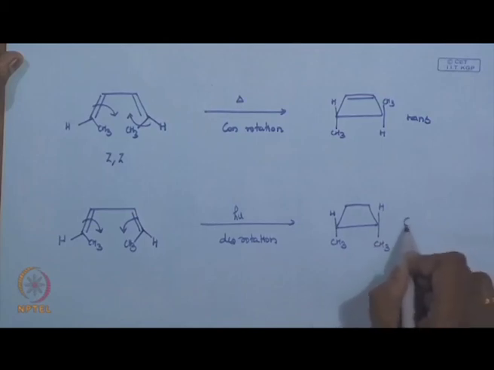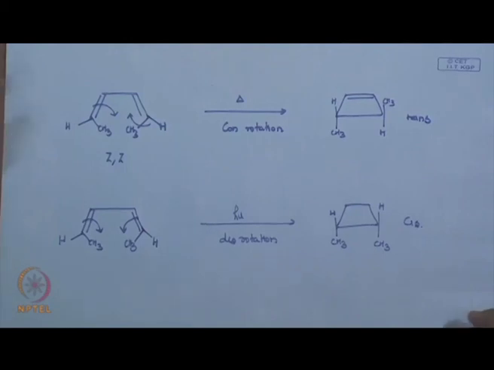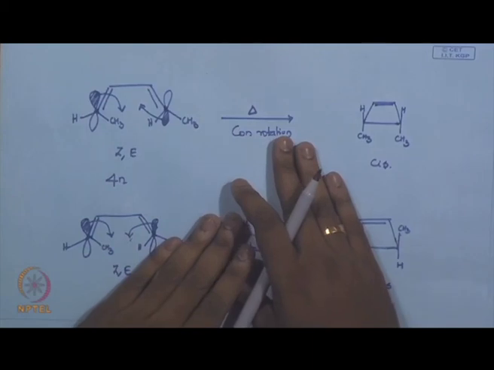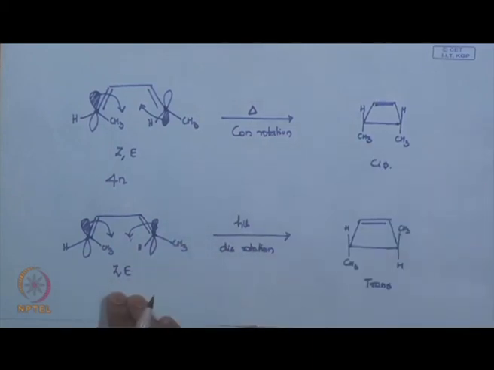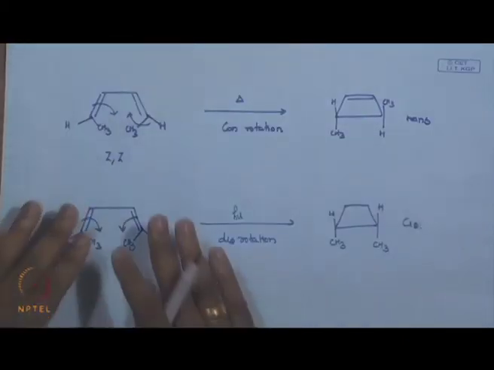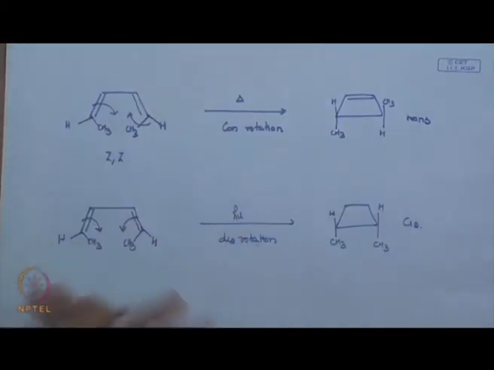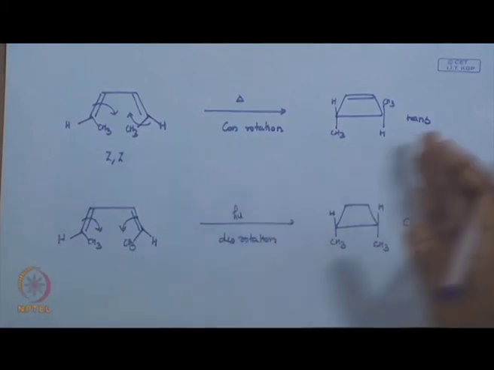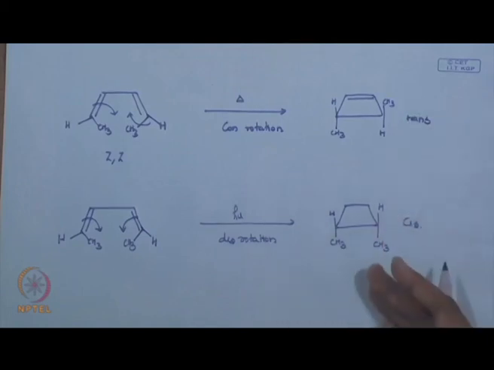Now you get a cis product. See, that's why I said that the stereochemistry part of electrocyclic reactions is so nice. You took ZE, you do the heating, conrotation, you get a cis product. You take the ZE, do light, you get trans. But in this case, you take ZZ butadiene, and you do the heating, you get the other way around, you get the trans, and once you shine light you get a cis.